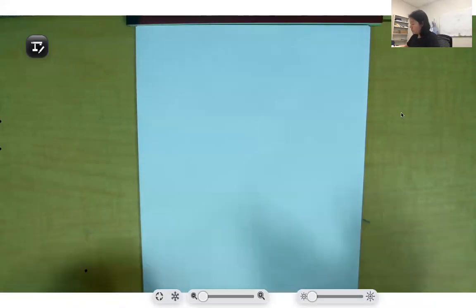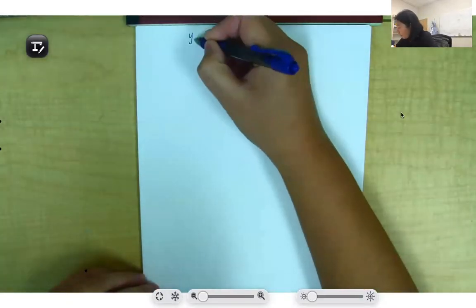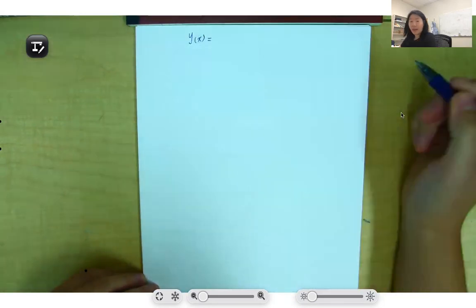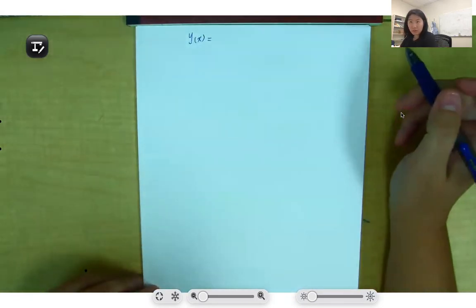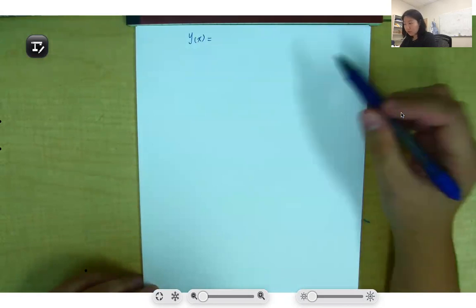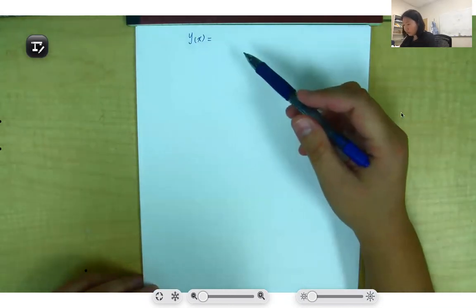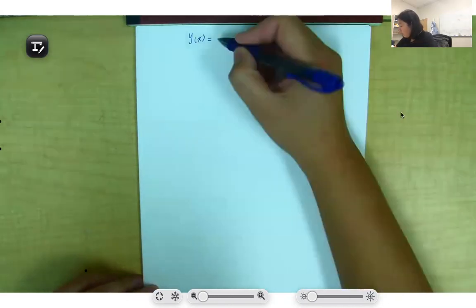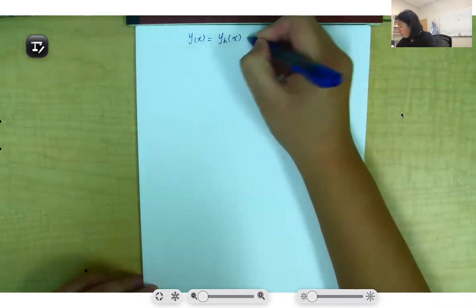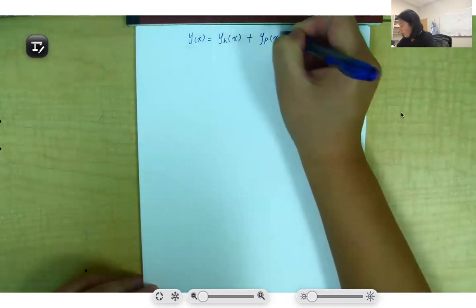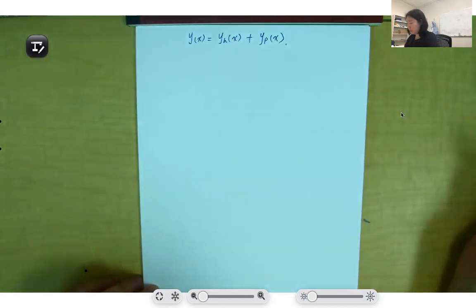So the general solution form y(x) for the higher order ODE is the homogeneous solution plus the particular solution, so y_h(x) plus y_p(x). And how do we get the homogeneous solutions?